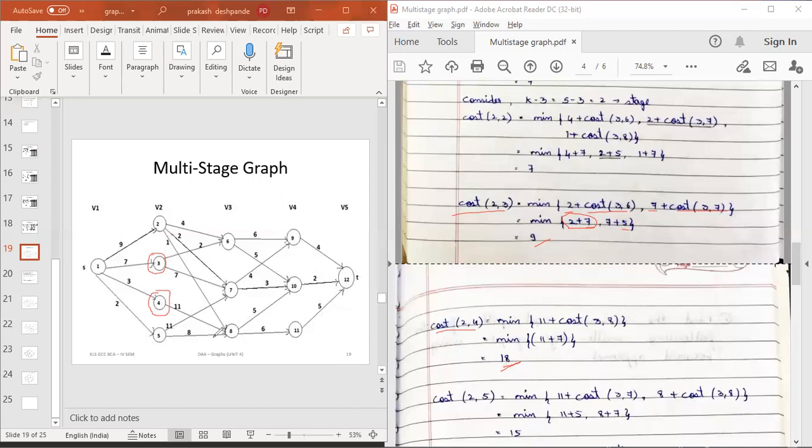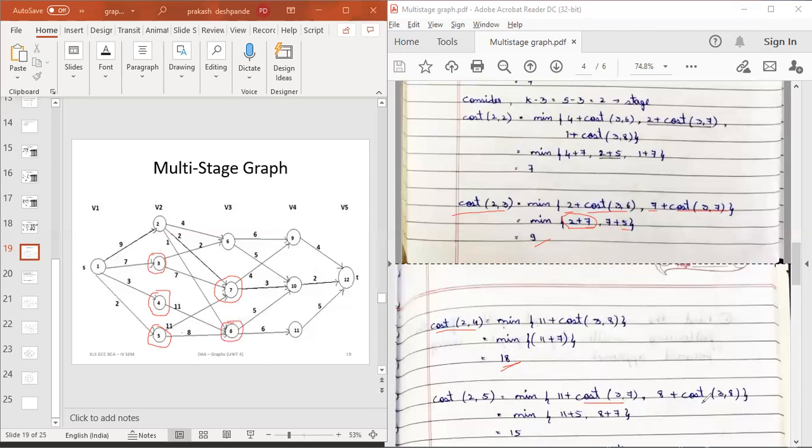The last one is the vertex 5 in the stage 2, that is 2 comma 5. So again, here there are two different paths. So minimum of the edge cost, that is 11, plus cost of 3 comma 7, comma, then the edge cost of 5 comma 8, that is 8, plus cost of 3 comma 8.